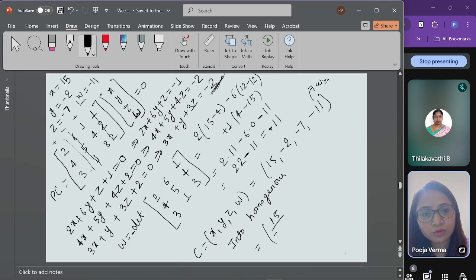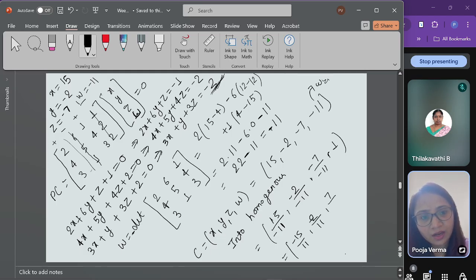So 15 divided by minus 11, then minus 2 divided by minus 11, minus 7 divided by minus 11, and here minus 11 by minus 11 you will get 1. Okay, so now here you will get minus 15 by 11, minus 2 by 11, and 7 by 11, and 1.